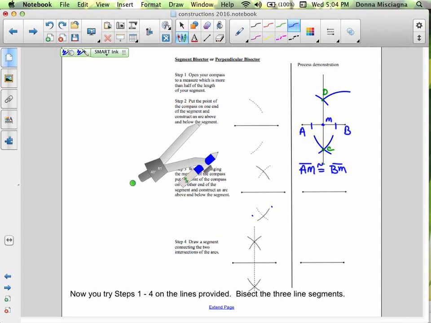We can also say that AB, using my original segment's name, is perpendicular to segment DC. So those are two things that we can say about this particular construction.